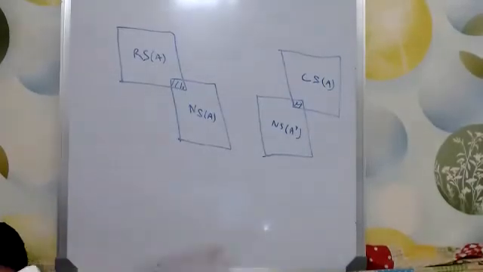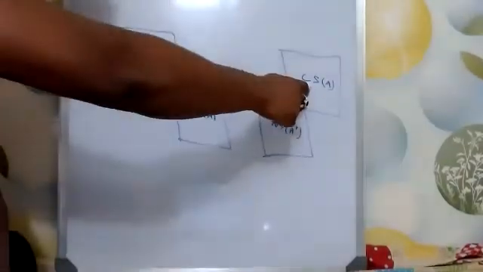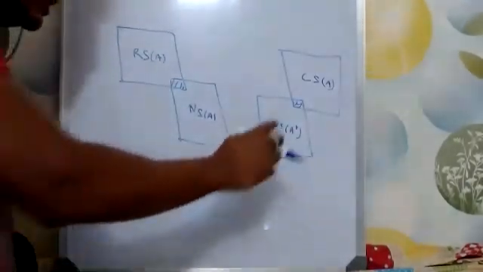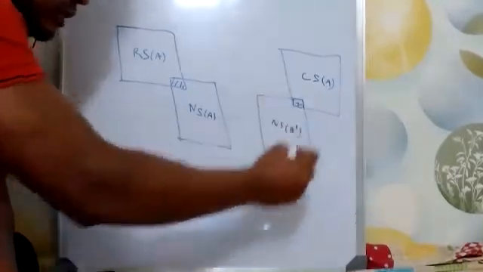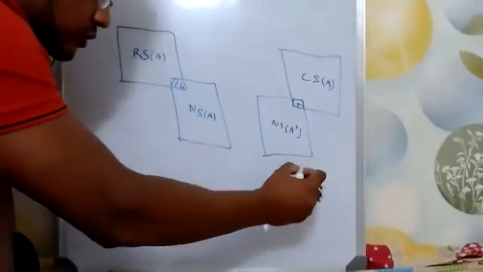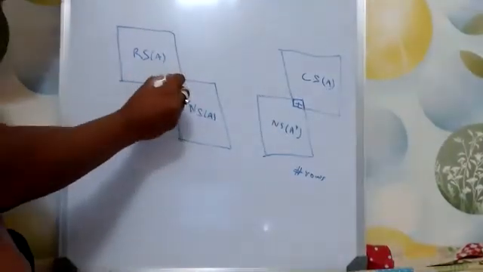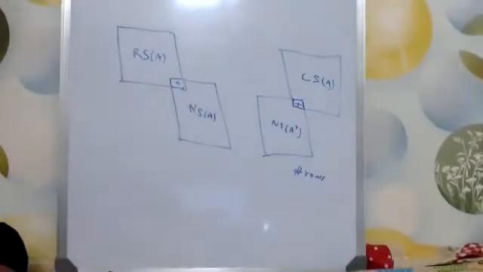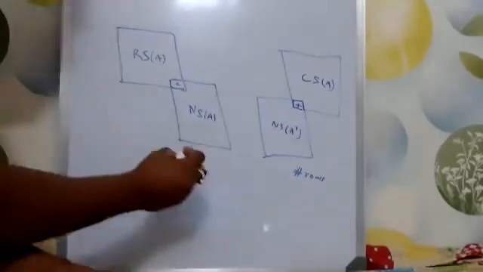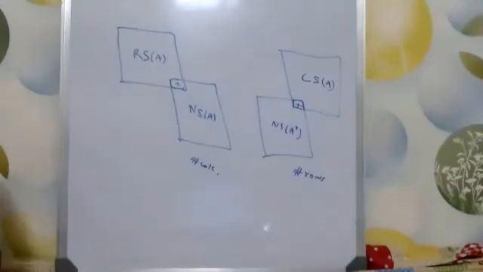And one more thing is that the dimension of the column space plus the dimension of the left null space will give me the number of rows, and similarly the dimension of the row space plus the dimension of the null space will give me the number of columns. So keep this diagram in mind.